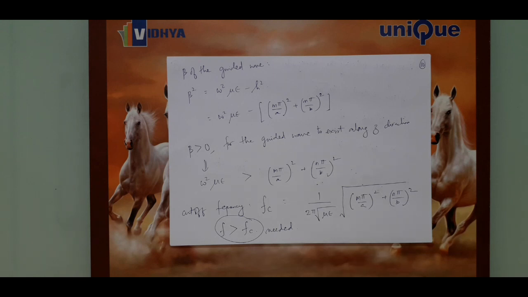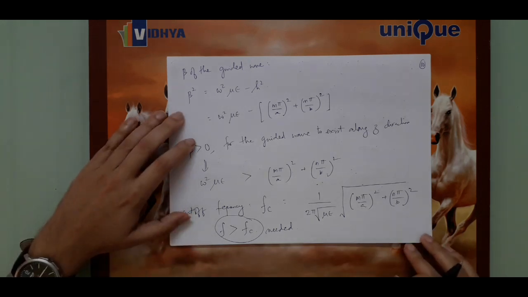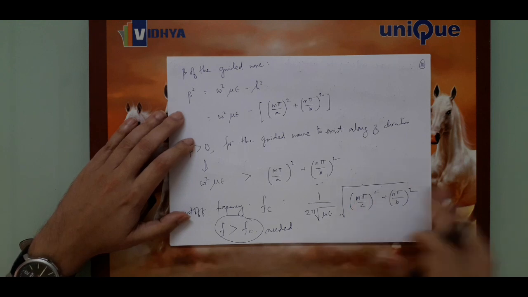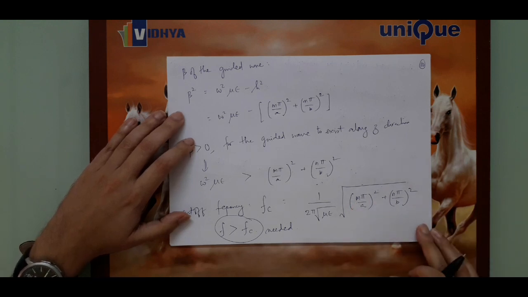Now, in the case of parallel plane waveguide, we saw that in general, when you have the concept of m and n, it gives rise to something called dispersion or dispersive mode of propagation.